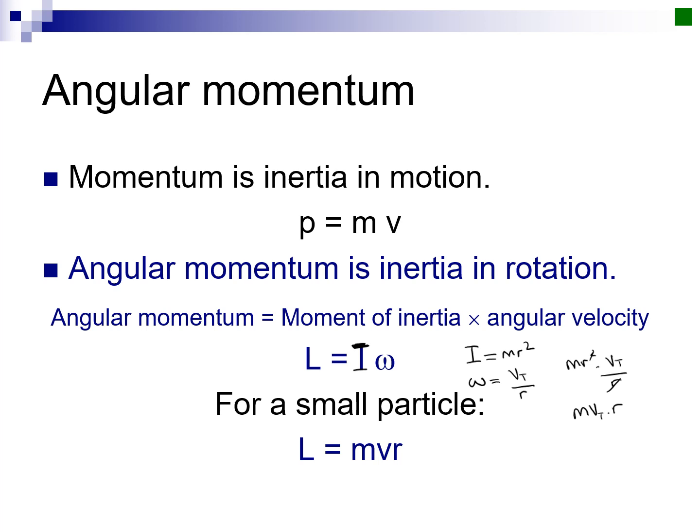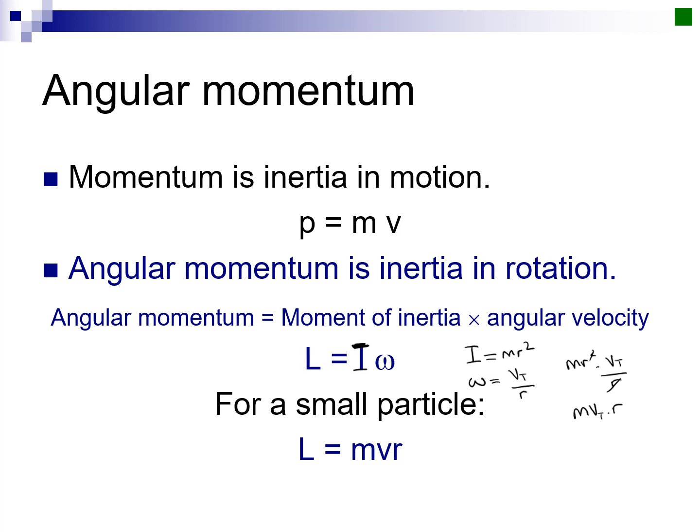Now we can write this in terms of tangential values as well. So we know that for a small object, when the radius is much smaller than the distance to the axis of rotation, we have a general equation I equal to mr squared, and omega is equal to tangential velocity divided by r.